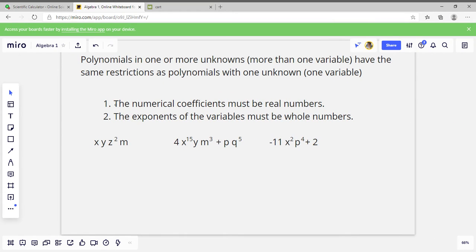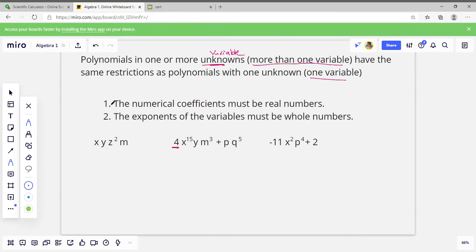Polynomials in one or more unknowns: we have one or more than one variable. If it says unknown, unknown always means variable. These have the same restrictions as polynomials with one unknown. So even if we've got more than one variable, the numerical coefficient must be a real number, not the exponent, the numerical coefficient.